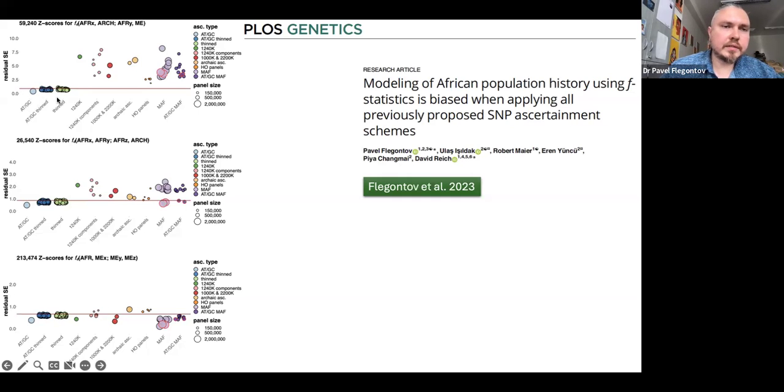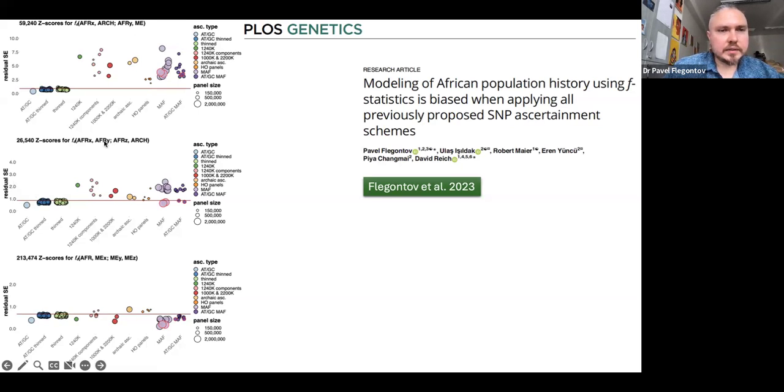So here on the left, we have two sets of randomly chosen sites equal in their size to 1240K on this set of individuals. And to the right of it, we have various other ascertainment types. And we see that for this particular class, all ascertainment types are biased.